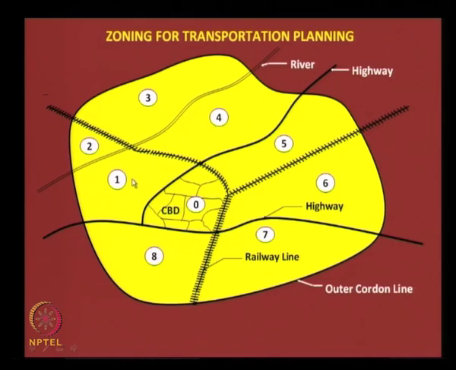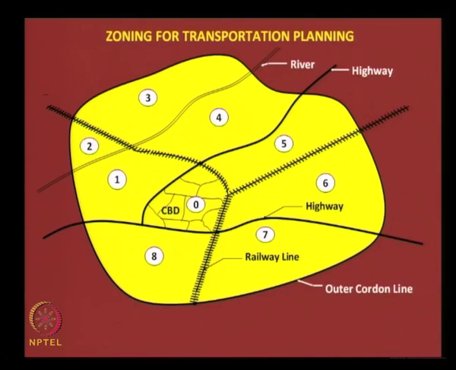Sector 1, for example, has the outer cordon line, external cordon line partly as its boundary, then the river, railway line, road and road. Sector 2 has its boundary as outer cordon line, river and railway line. It is a small sector, but still it is a separate piece of land, divided by river and a railway line. It is better to consider that as a separate sector.